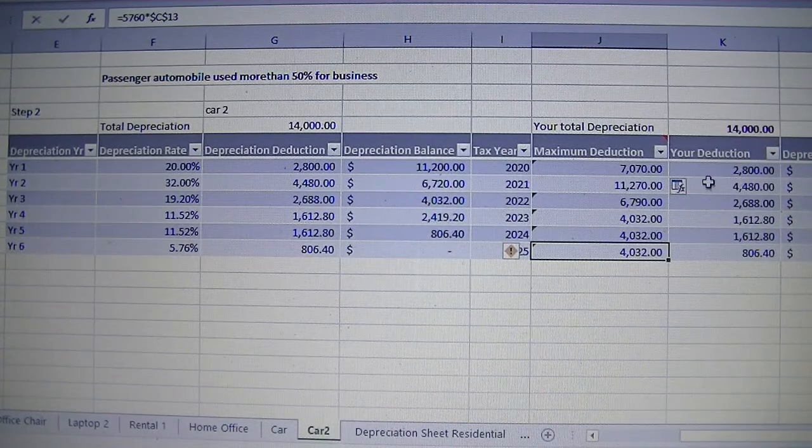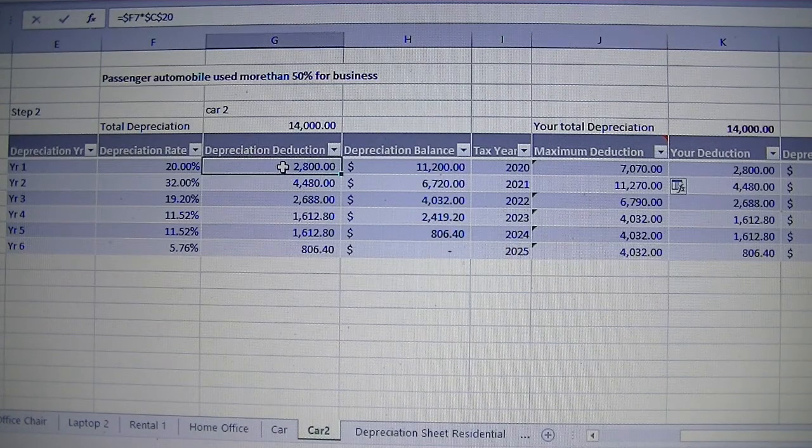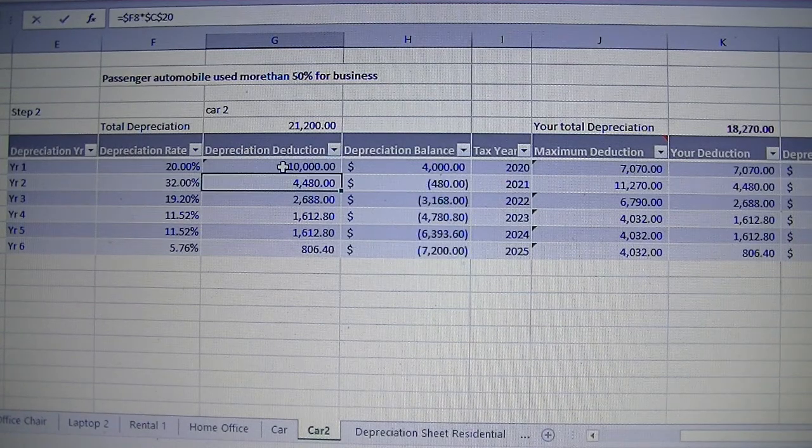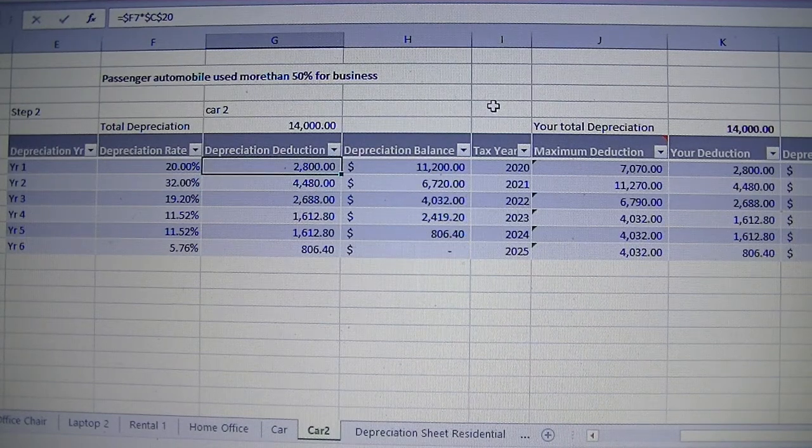Therefore, your depreciation deduction is going to be your depreciation deduction. So it's calculated here and is 2,800 for the first year compared to the maximum deduction, $7,070. If I just change this number here to 10,000, for instance, depending on what the car is, you'll notice that your deduction is going to be the maximum deduction because it's less. But I'm going to change that number back.